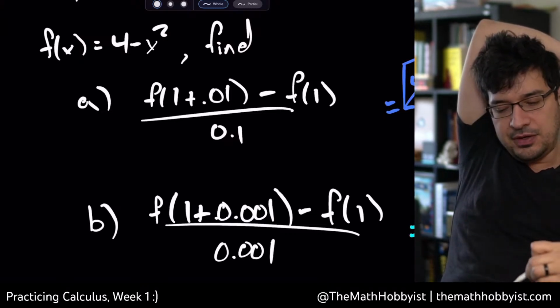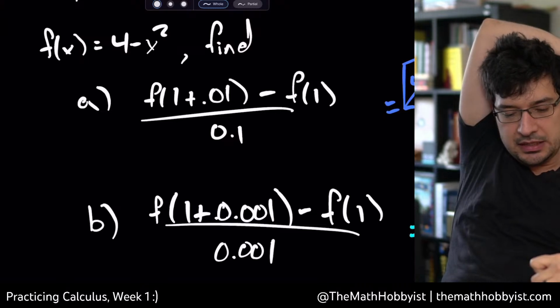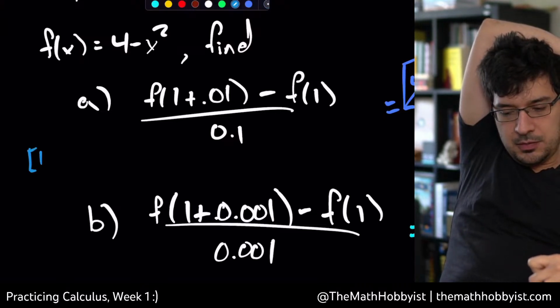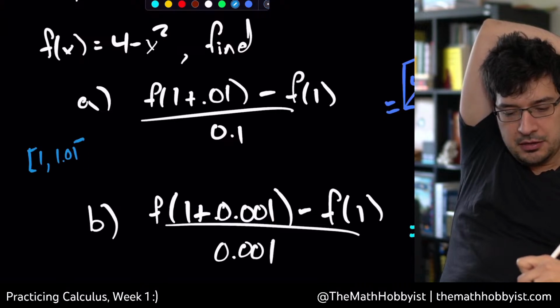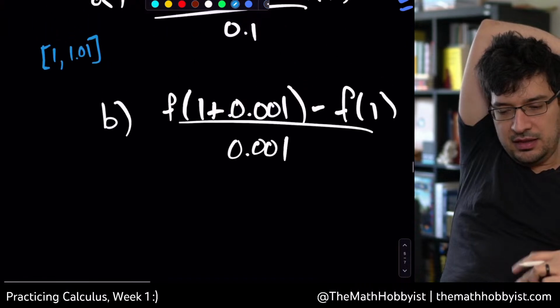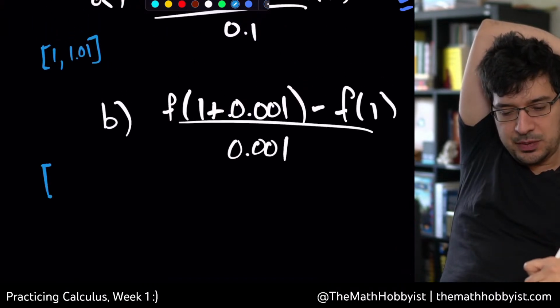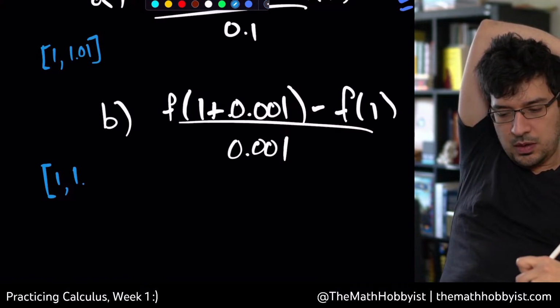This is like an average rate of change on the interval between 1 and 1.01. And this one is the average rate of change between 1 and 1.001.